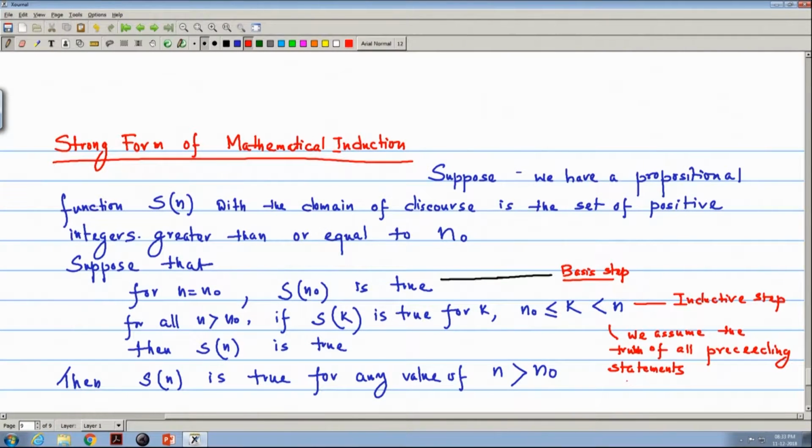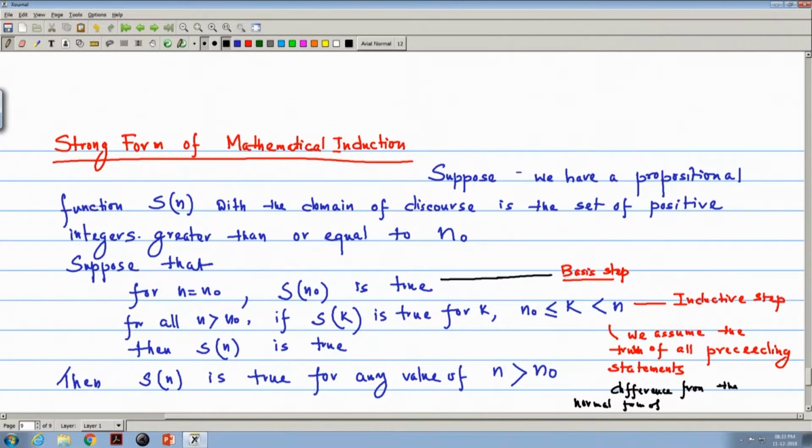So, this is the main difference from the normal form of mathematical induction, where we have assumed only the immediate predecessor statements to be true.